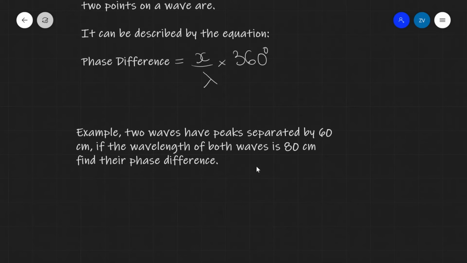Find their phase difference. So in this case, the phase difference, which is often given the symbol phi, will be equal to x over lambda times 360 degrees. So our x in this case is equal to 60 centimeters. Our wavelength, this really should say lambda. Maybe I should make this a little bit more legible like this.